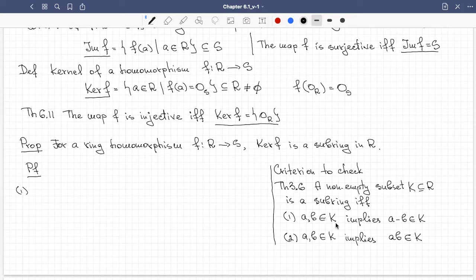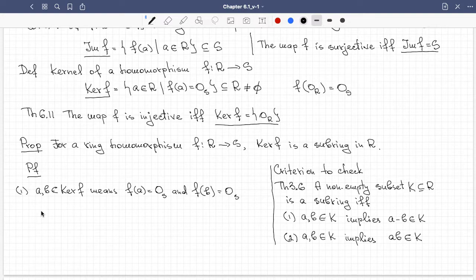That A and B belong to the kernel of F. By the definition of kernel, these are those elements which map to 0. So that means F of A is 0 in S and F of B also is 0 in S.